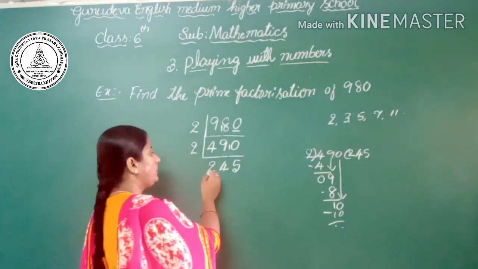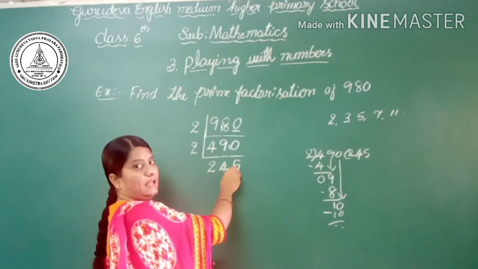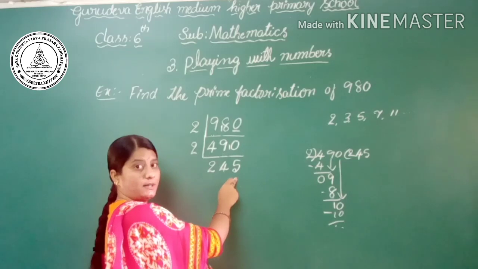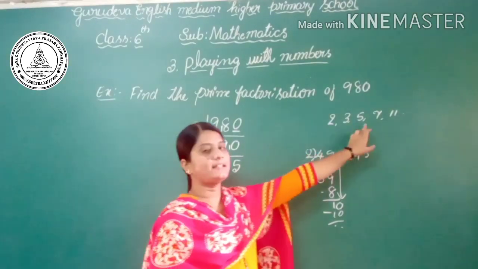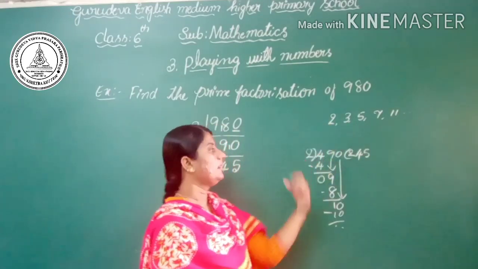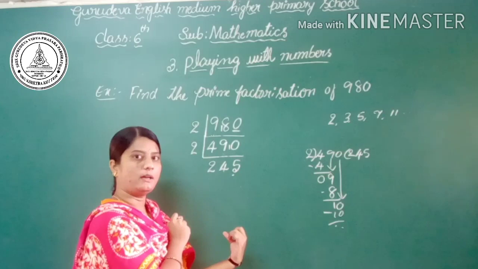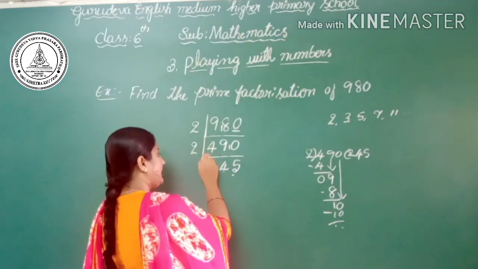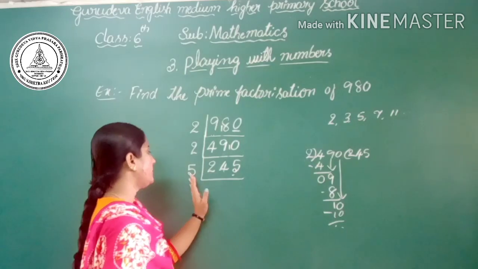Let's see: 2 plus 4 is 6, 6 plus 5 is 11. So it is not divisible by 3. Then take the next prime number, that is 5. In the ones place there is a 5, so it is divisible by 5. Take 5.